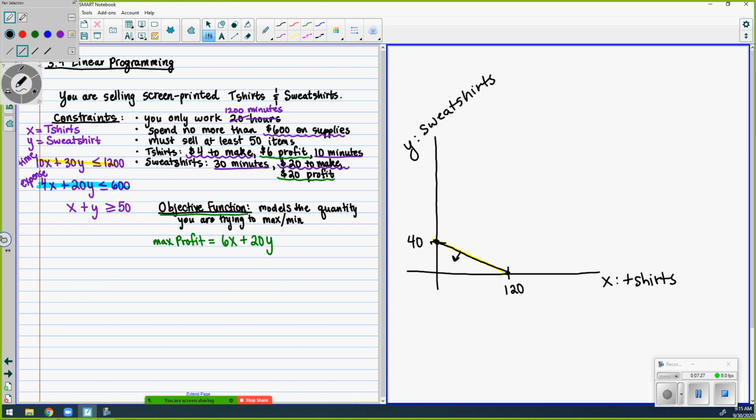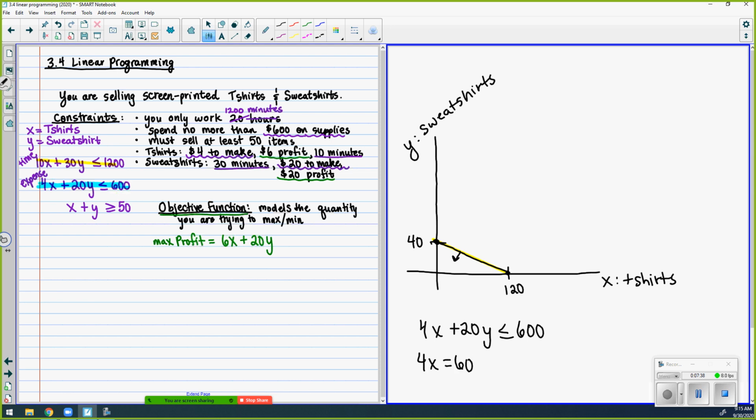Okay, so 4x plus 20y is less than or equal to 600. Again with the intercepts. If 4x is equal to 600, x would be equal to 150. So x is 150, that puts me right about here. And then 20y is equal to 600.